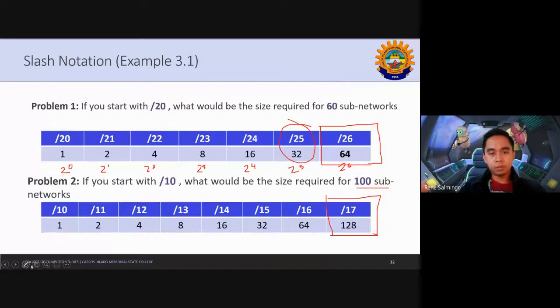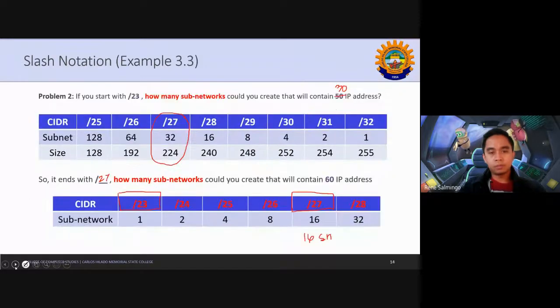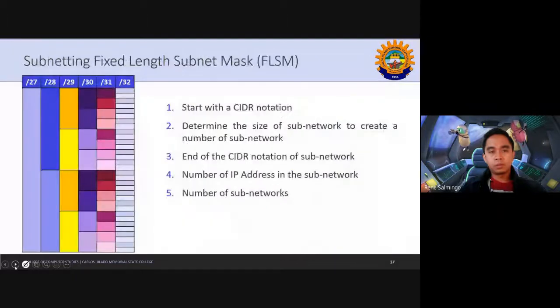So if we start at 27 and we end at 32, the first starting point would be the whole 255. So this is 0 to 255.